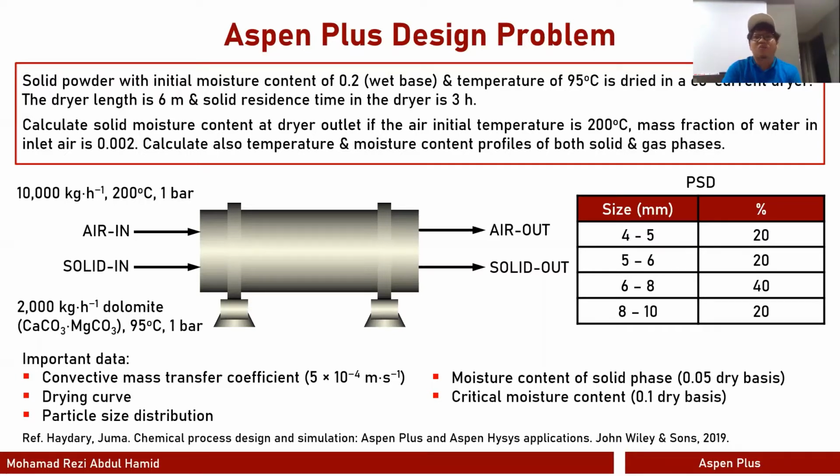Other than that, I also found that dolomite is a crystalline material, meaning that it has a long-range periodic atomic arrangement in its crystal structure, and it exists in the hexagonal or trigonal crystal system.